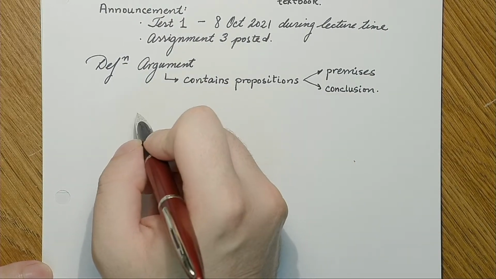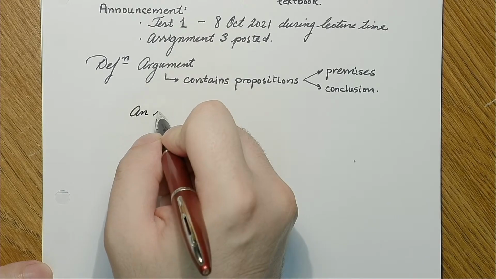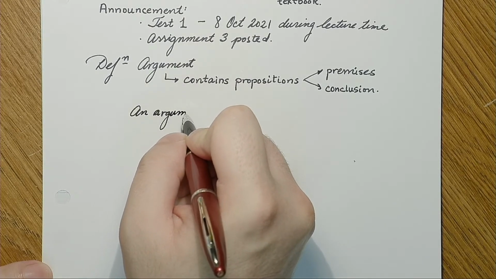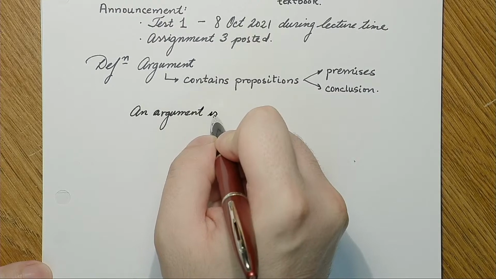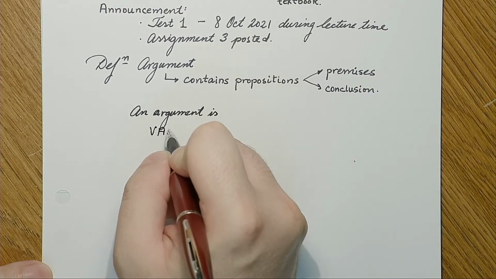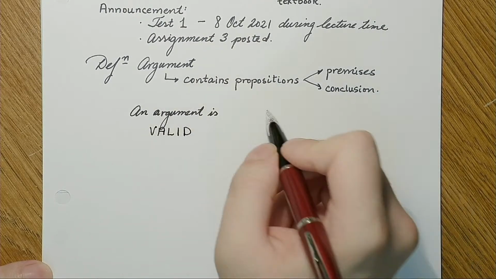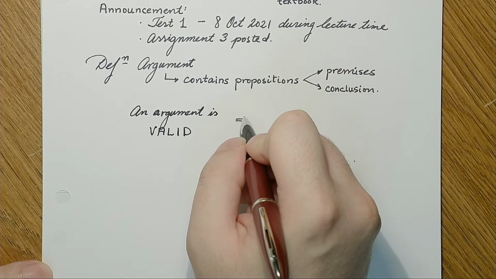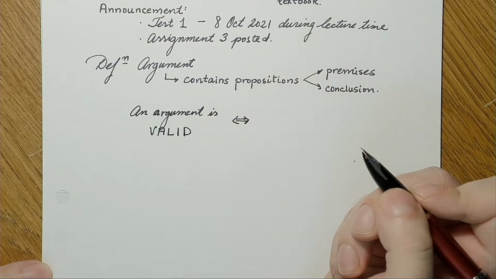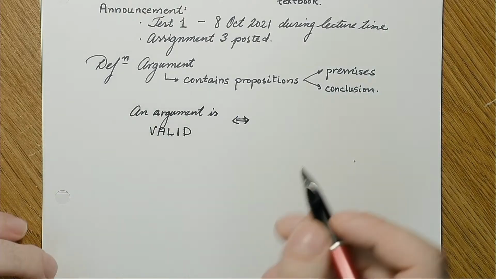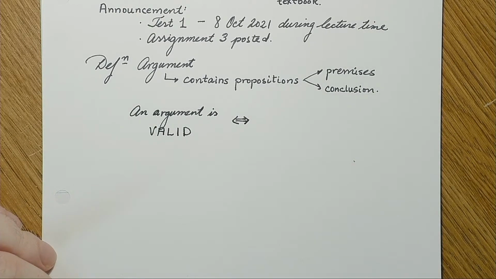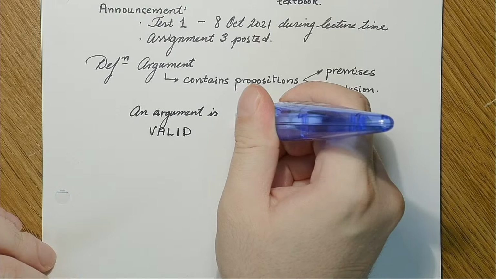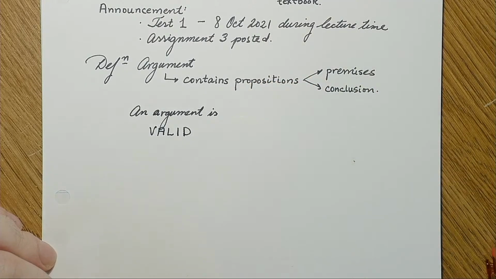So we'll say that an argument is valid, and I will use it as a single arrow.